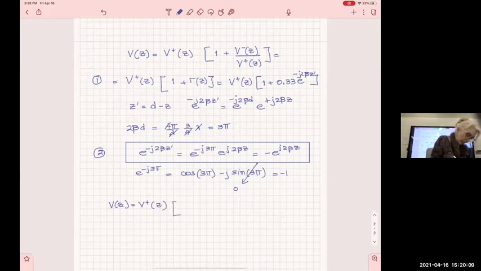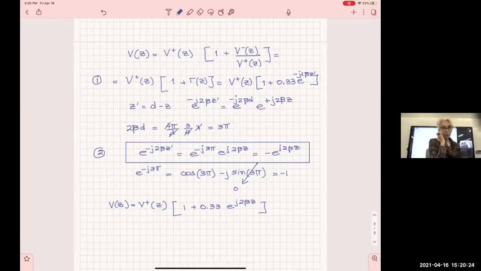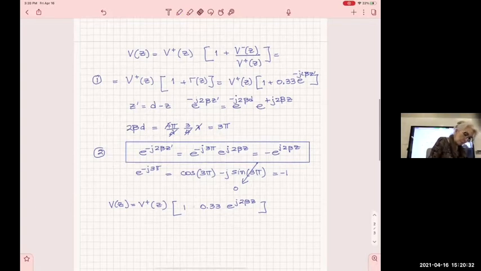And then inside here, I'm going to have 1 plus 0.33 e to the minus 2 beta z. Now I'm going directly to have a z component because I want to plot it across z, all right? Okay, and a minus in front because I found a minus there. I have a minus here.